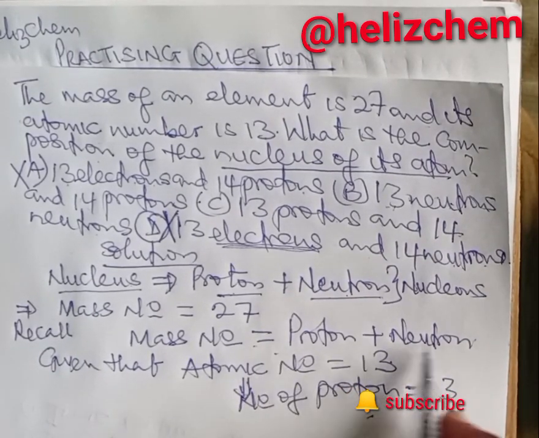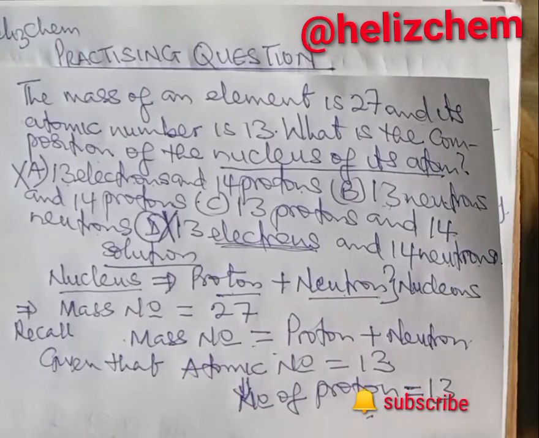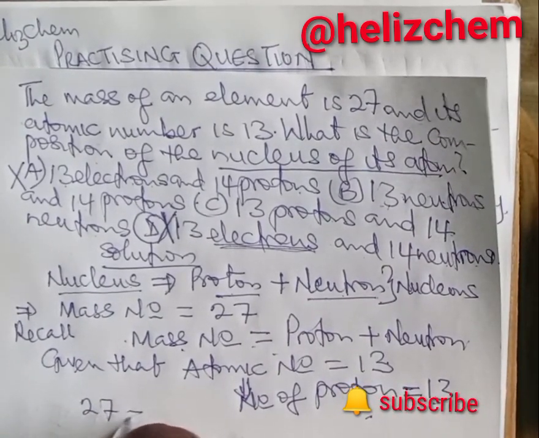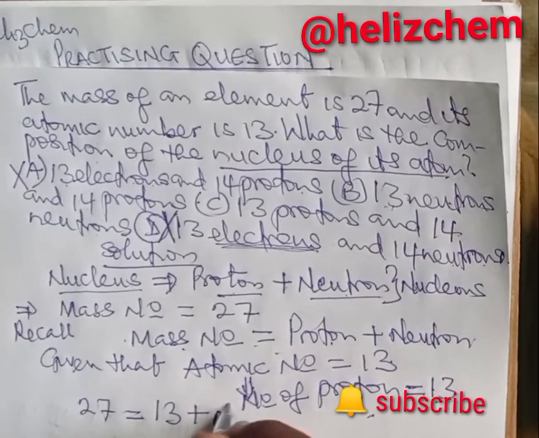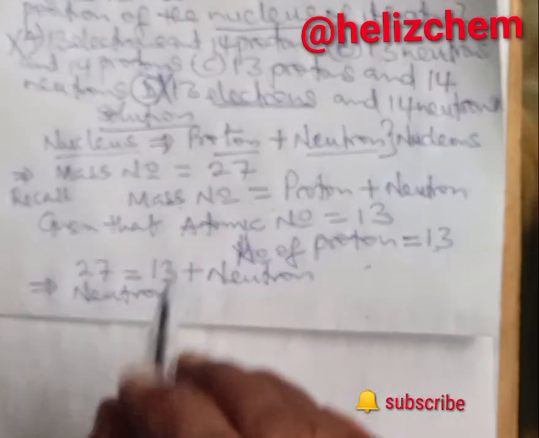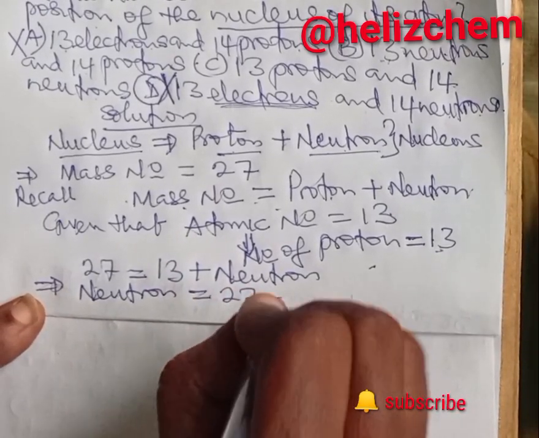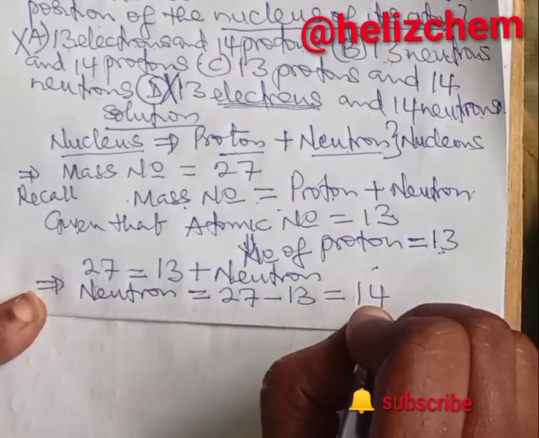So let us substitute this value now into this one. We are given mass number to be 27 and proton is 13 plus neutron. This implies that our neutron is 27 minus 13, which is equal to 14.